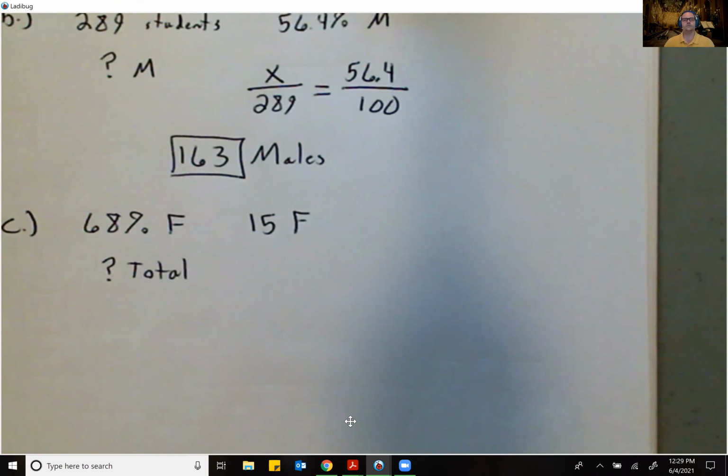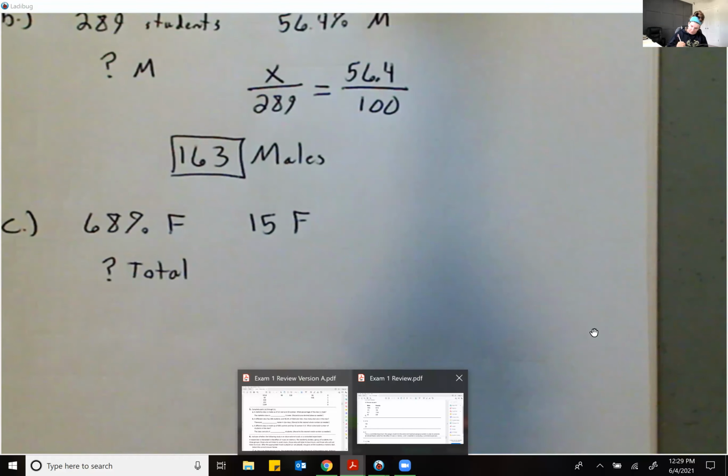So what do we do here? And I believe this says we're going to round to the nearest whole number. Yep, nearest whole number.